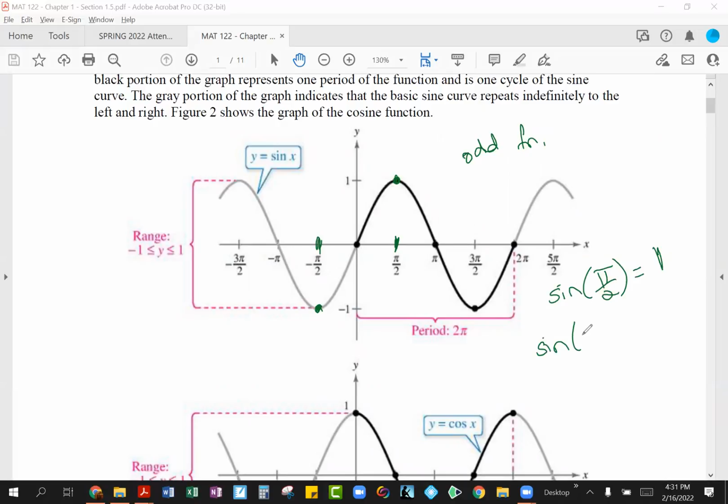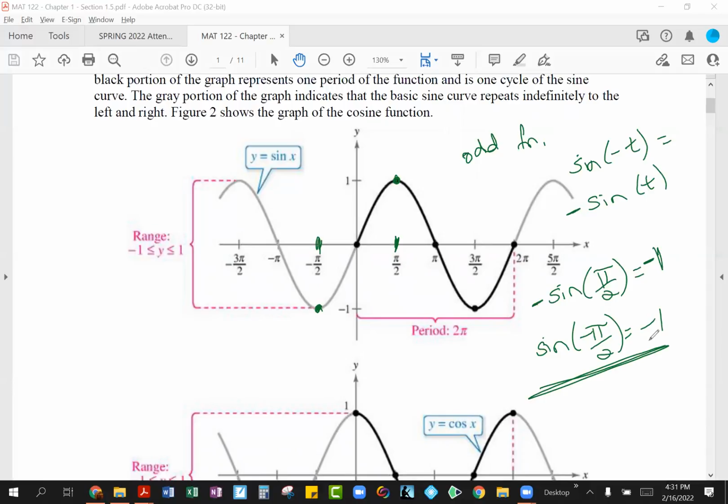And if we did sine of negative pi halves, this comes out to be -1, because remember, sine of negative t is equal to negative sine of t. So if you have sine of pi halves and I just put a negative in front, that will make your answer negative, and that's what we have over here.